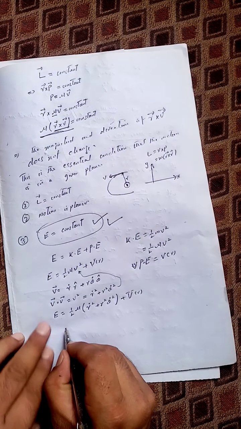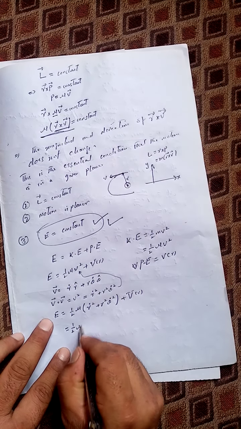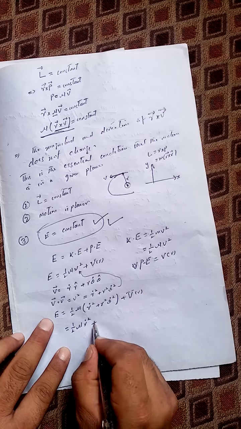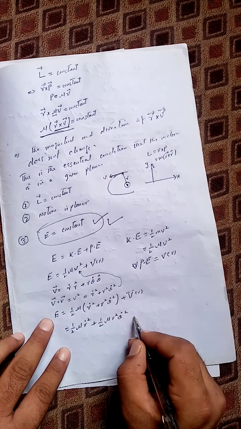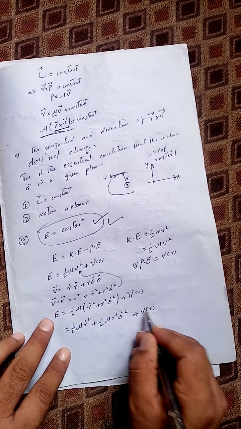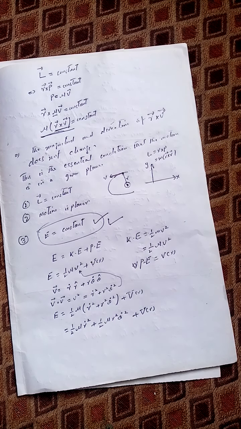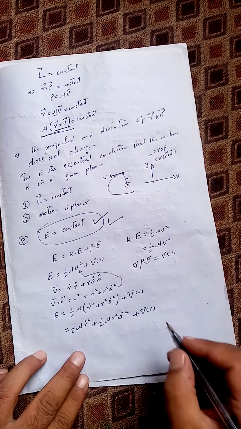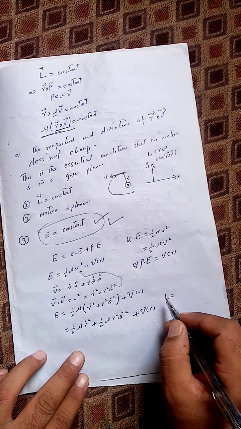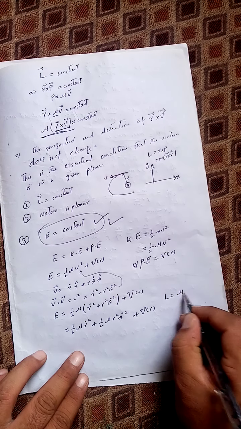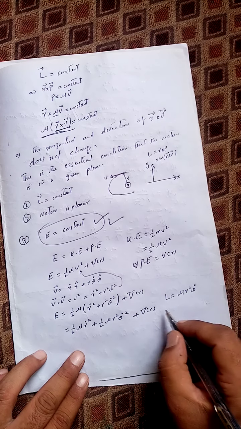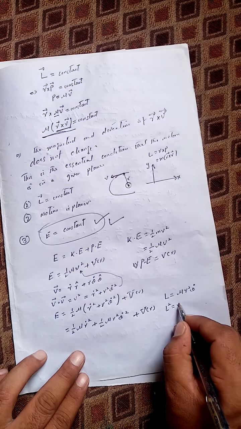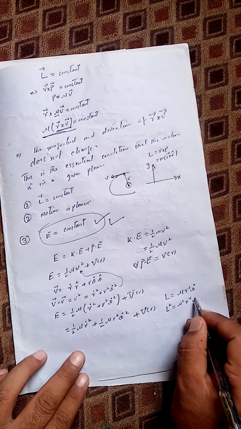If we expand this, we get 1 over 2 mu r dot square plus 1 over 2 mu r square theta dot square plus V of r. Now we calculate the value for the angular momentum, which is mu r square theta dot. If we calculate its square, we get mu square r to the fourth theta dot square.